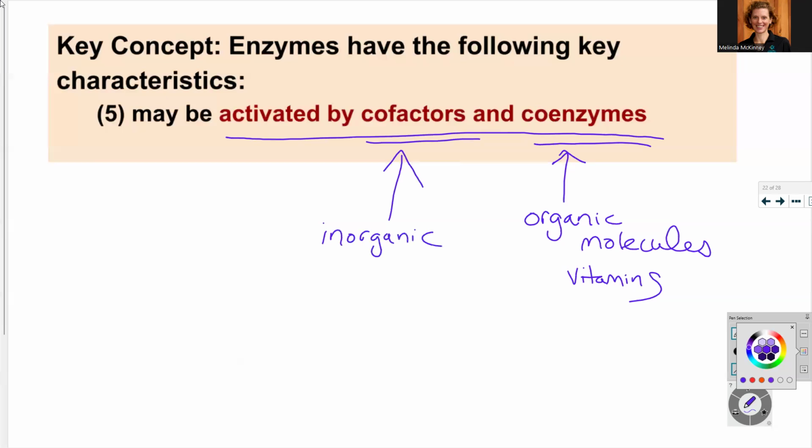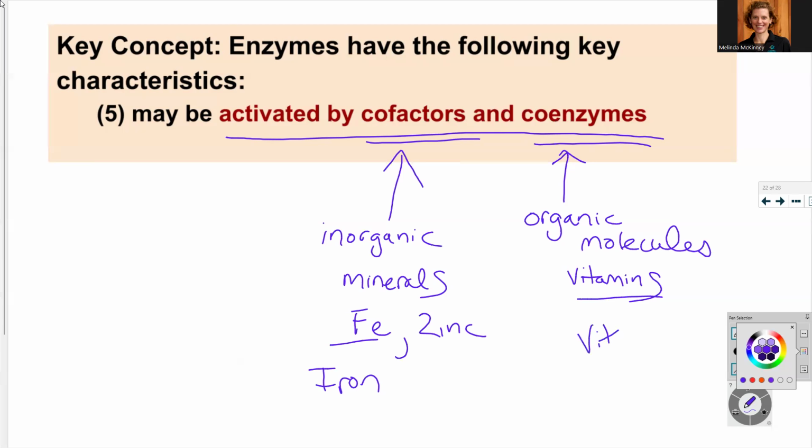So these are things like minerals. This might be just iron or zinc. Oh, actually, you might not know that. So iron or zinc, just simple compounds, whereas this might be like vitamin C, which is actually a complex molecule that has a lot of carbon. Remember that an organic molecule is carbon based.